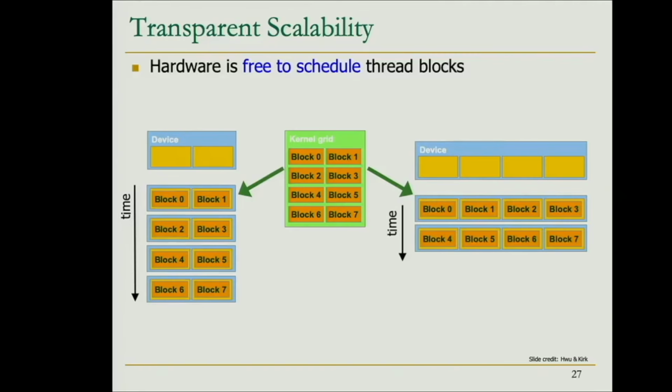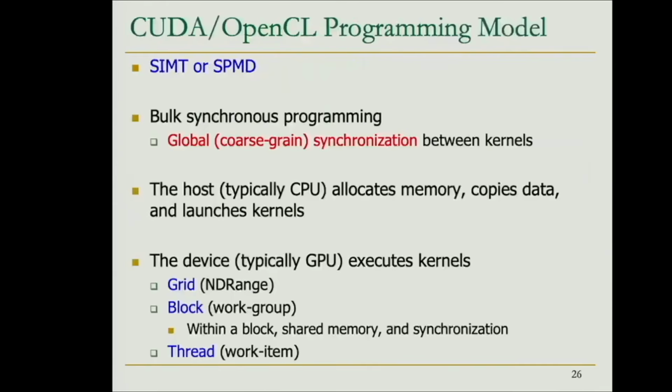Okay? Going back very quickly to the previous slide, these are very common terms. Here you have, in blue, the CUDA term. In parentheses, you have the OpenCL term. They mean exactly the same thing. When we talk about grid, we talk about the whole number of blocks that run a kernel. And when we talk about a block, it's a certain number of threads that are going to run inside the same GPU core.